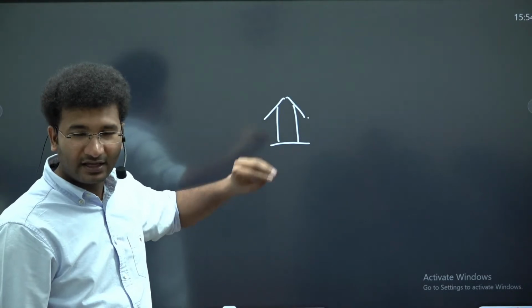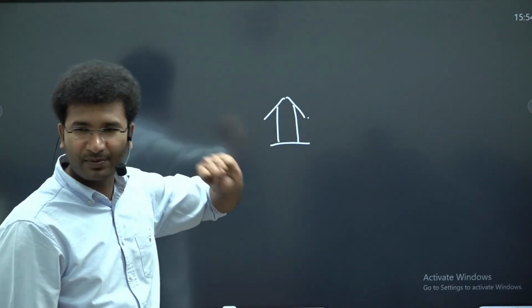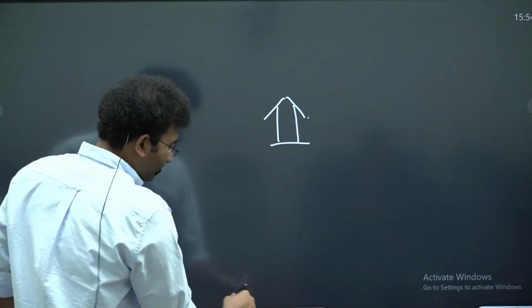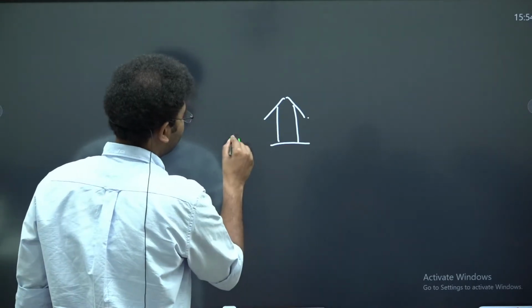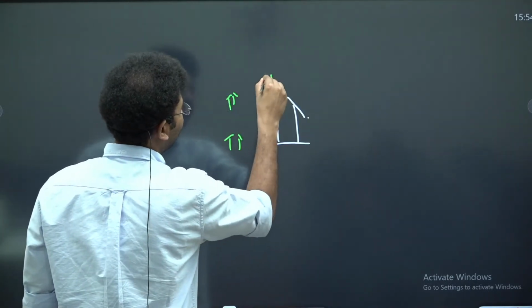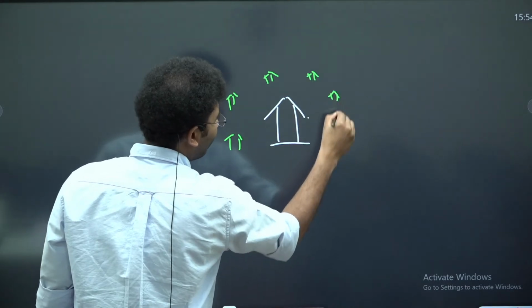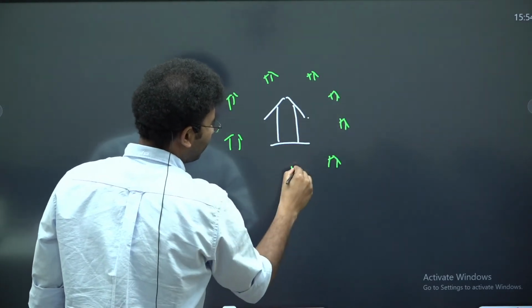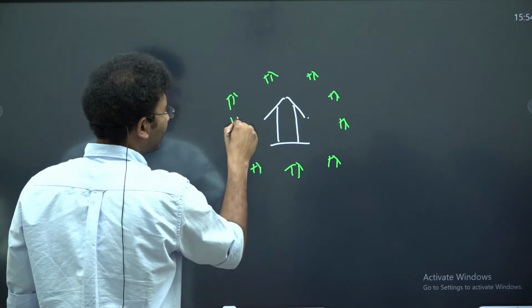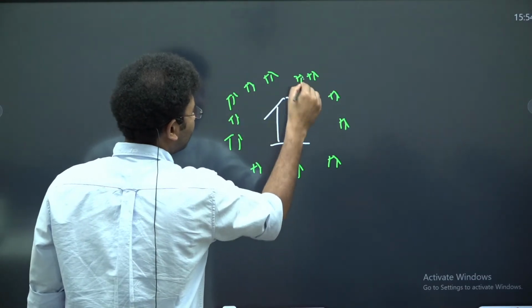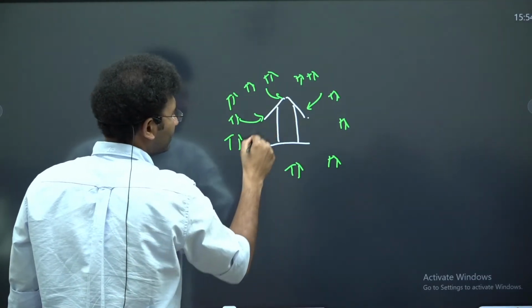Okay? Around this, consider this as a power. Around this, people would like to settle. They will be settling in and around this. Now, whoever will be settling here will have good connections with this central power, right?